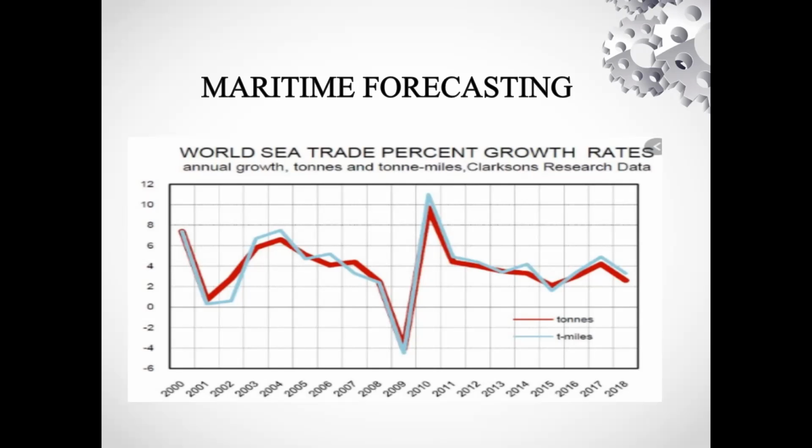That will be done by going for ship demand forecast and ship fleet forecast. Then ship productivity forecast: the merchant fleet is available, and how efficient are they in their productivity.